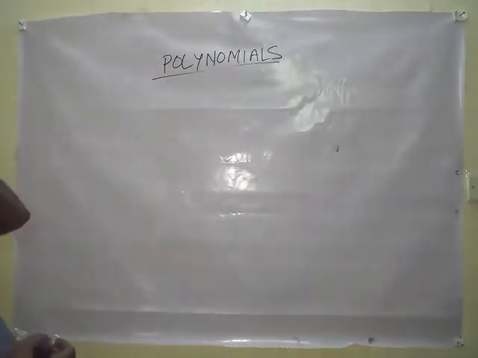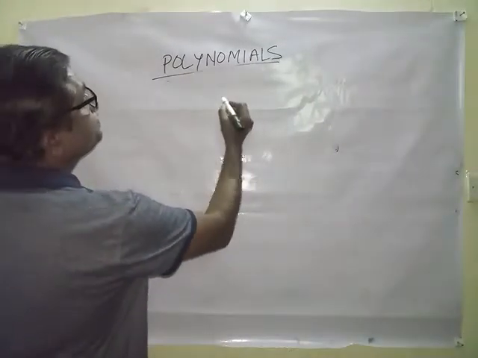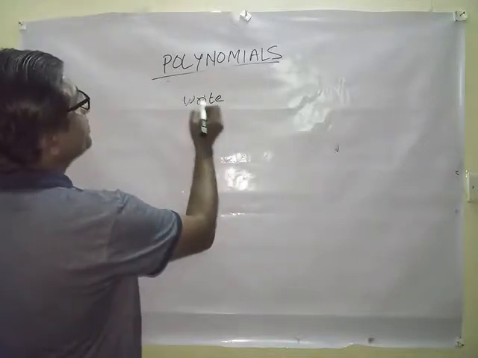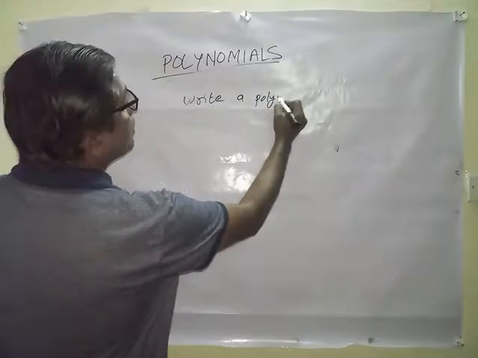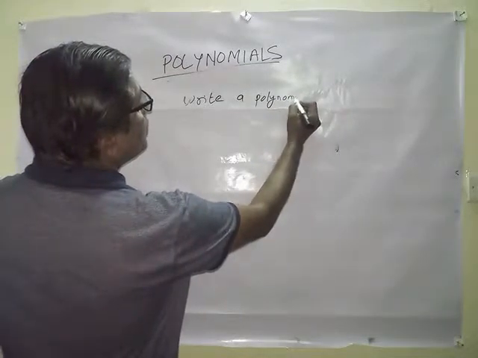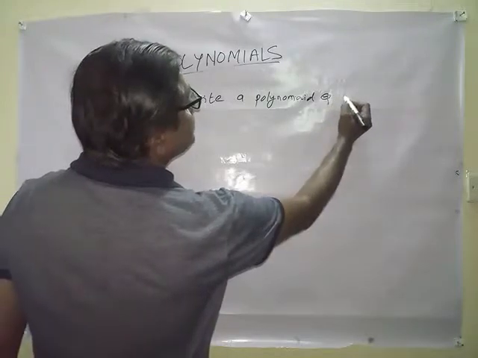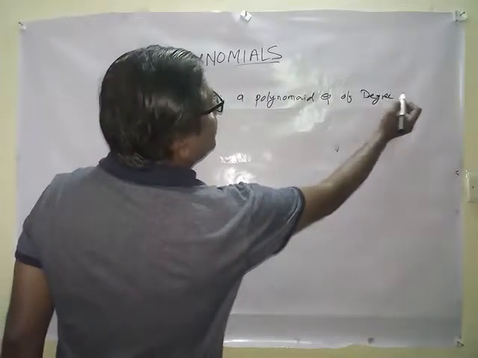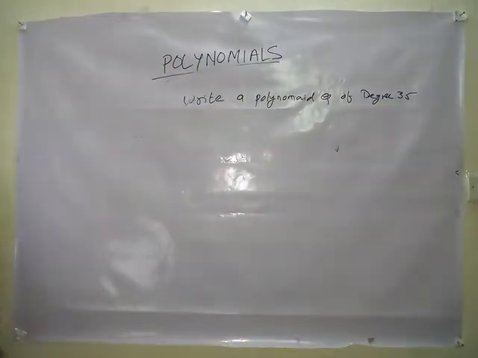Now suppose an example or exam question paper comes: write a polynomial equation of degree 35.